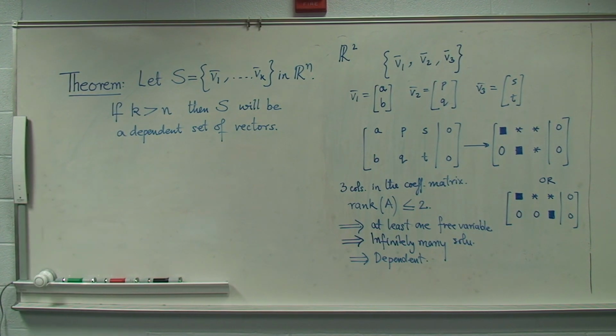So in other words, what we are saying is, if I have more vectors than the space I am living in, then that set of vectors will always be a dependent set of vectors.